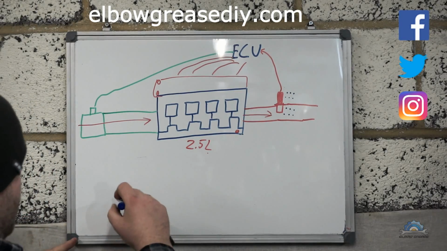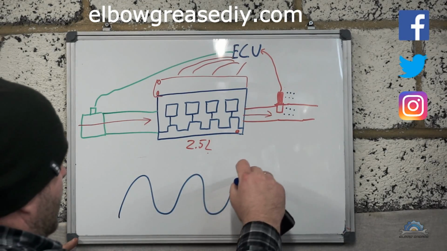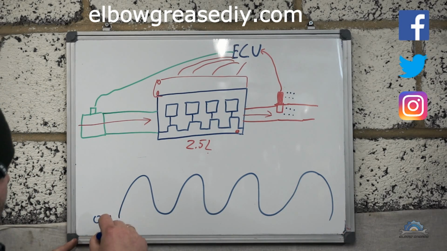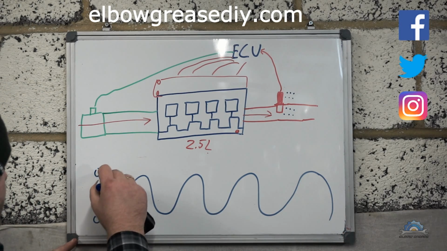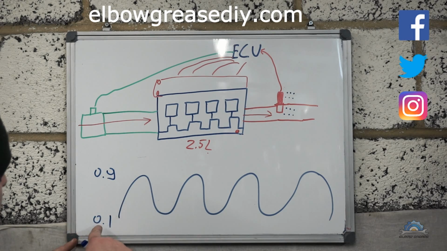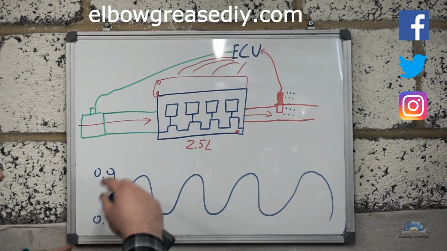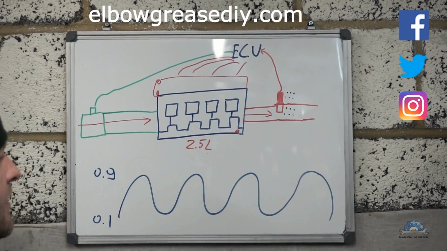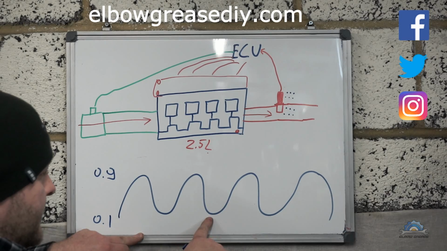So we also see something like a wave on our scan tool, giving readings in volts, somewhere between 0.1 to 0.9 volts, usually like 0.2, 0.8, and giving that wave pattern every second, up and down, up and down. What's happening? It's not the O2 sensor which is giving you that reading.